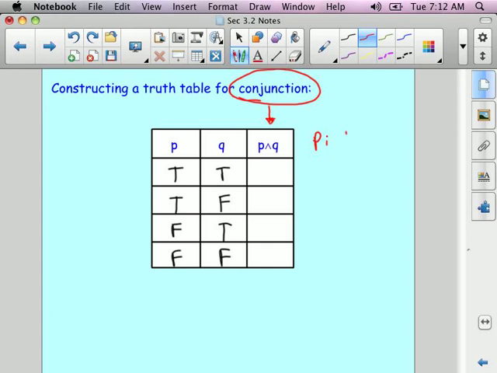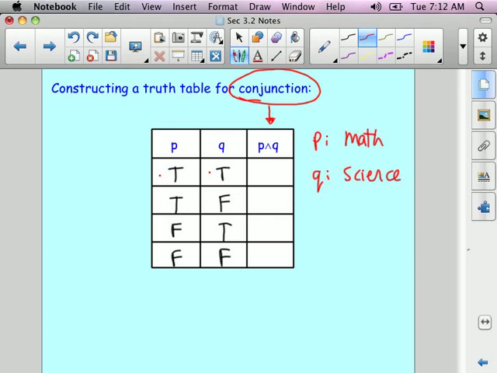So P will be math homework and Q will be science homework. And we want to know if my statement is true or false. Am I being honest? Am I telling the truth? Or am I lying? So if I say I have math and science homework tonight, and math is true, so I do have math, and I do have science, well, I'm telling the truth.